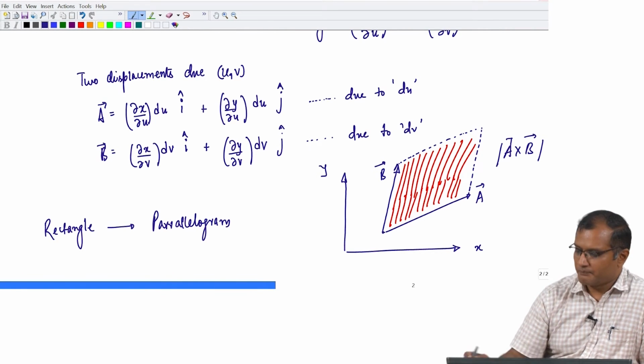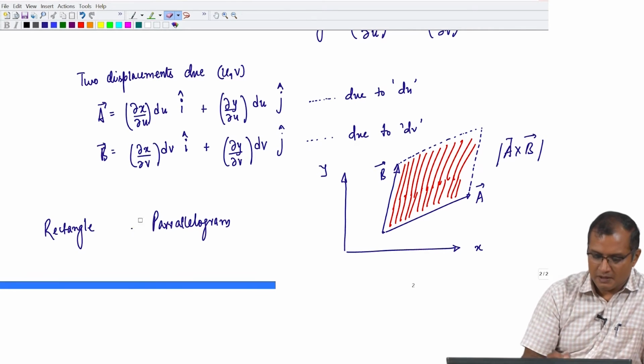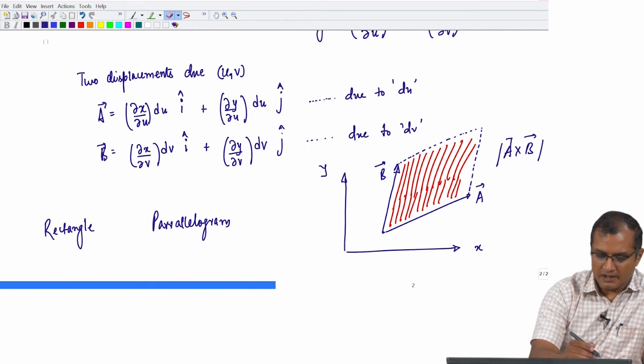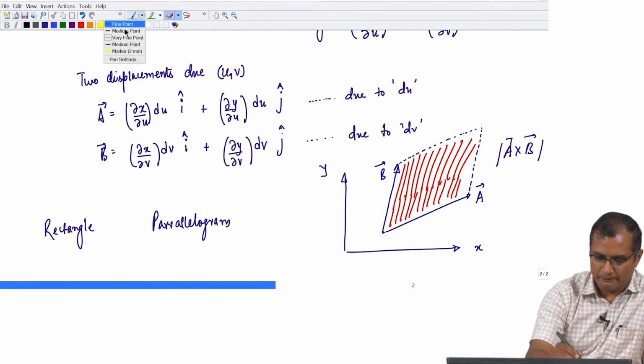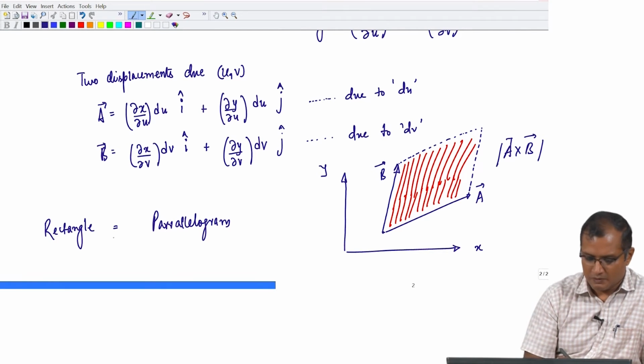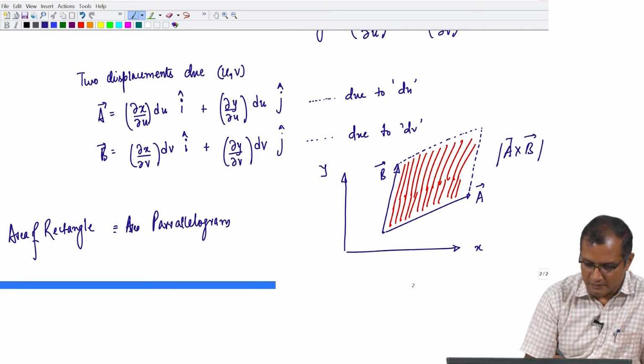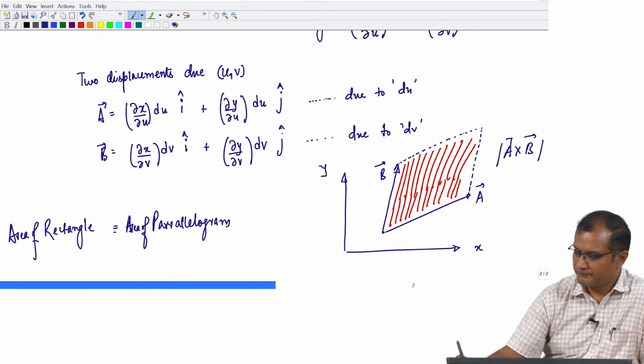Both are the same. So, the area of this is equal to the area of the parallelogram.